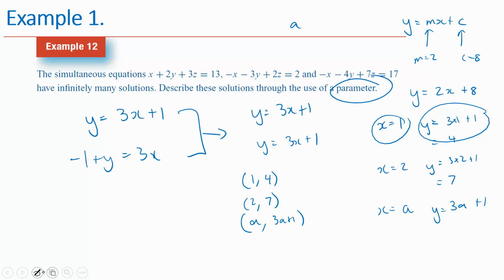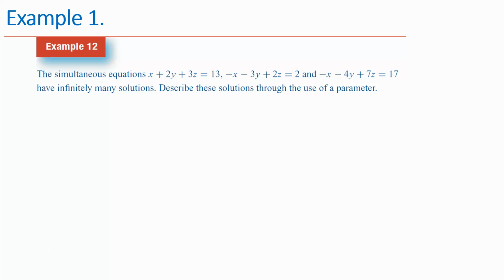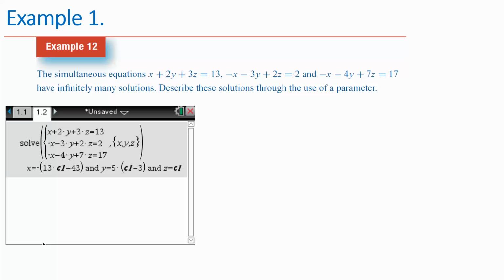Now, you can do this on a calculator, or you can do it by hand. I did it on a calculator. I typed in solve, and this is what you get. See those C1s? Those C1s are parameters. I've got my 3 equations, my 3 variables, and I said solve for x, y, and z. And they told me x will equal this, y will equal this, and z equals that. So why don't I let z equal lambda, a parameter?